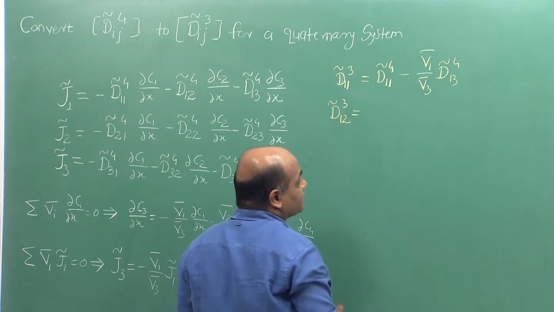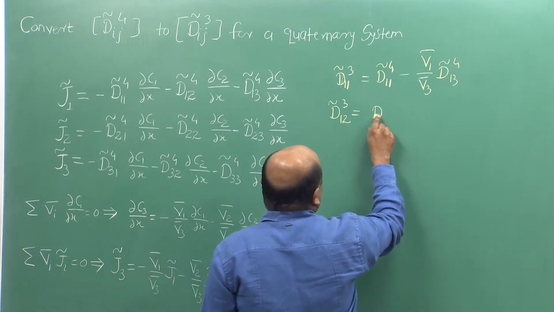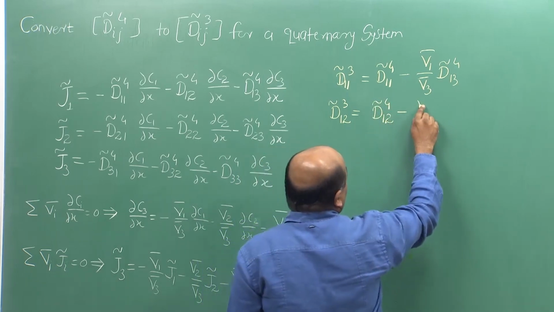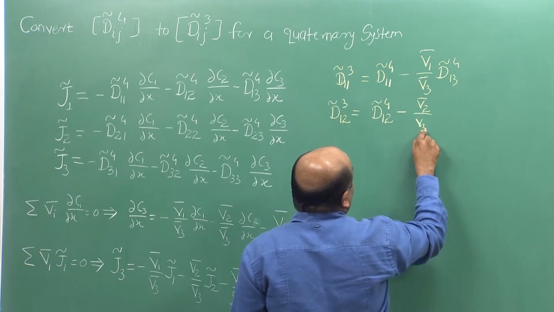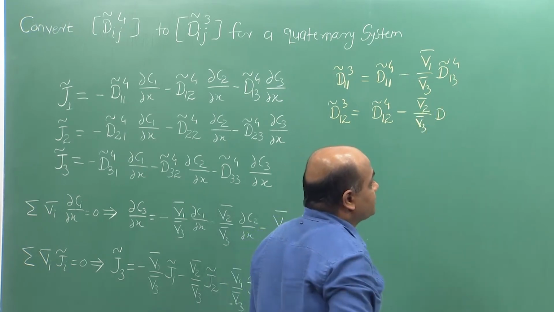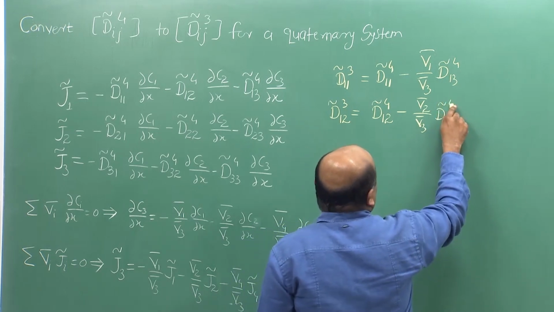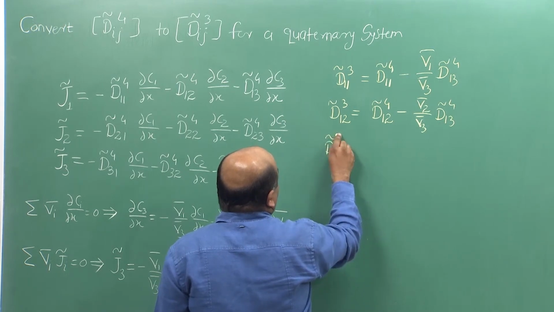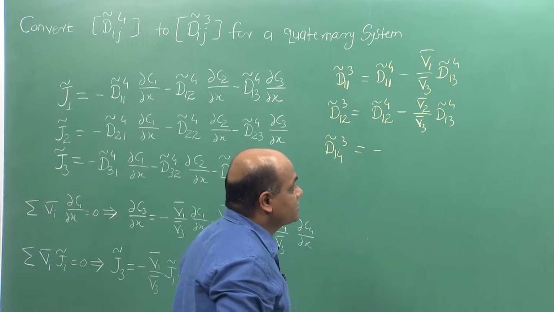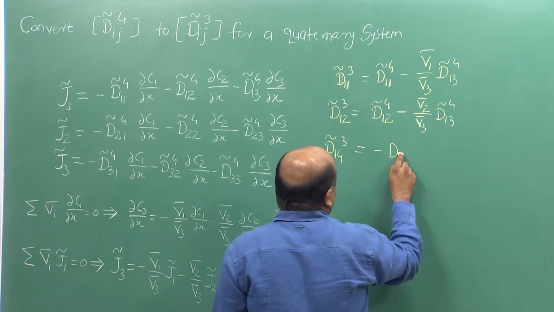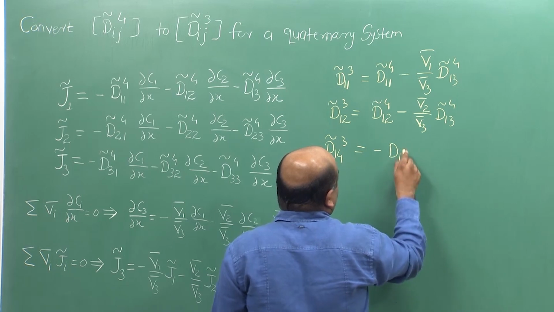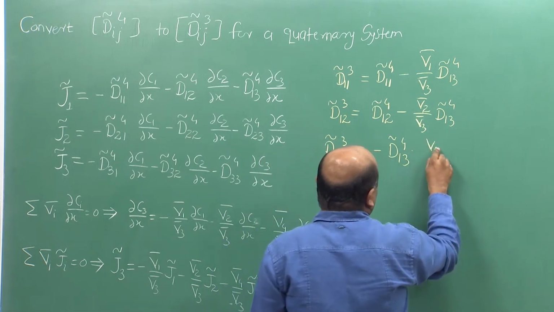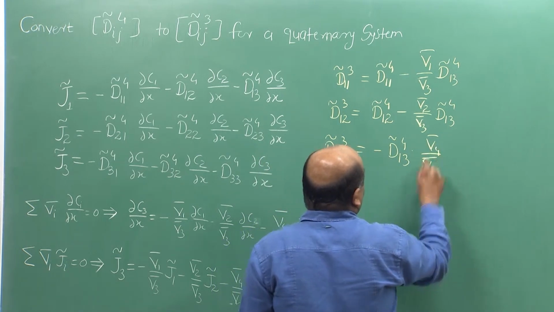D12 tilde 3 equal to D12 tilde 4 minus V2 bar over V3 bar into D13 tilde 4, and D14 tilde 3 is equal to minus D13 tilde 4 times V4 bar over V3 bar.